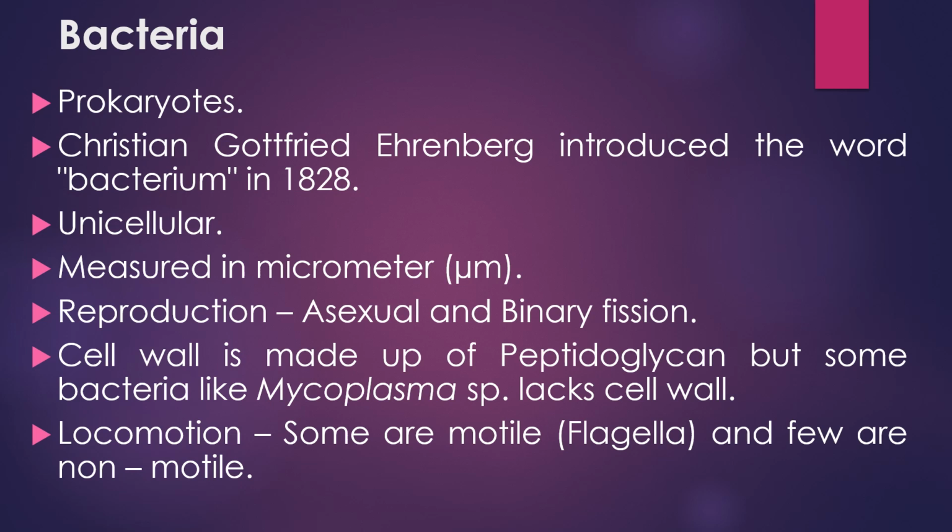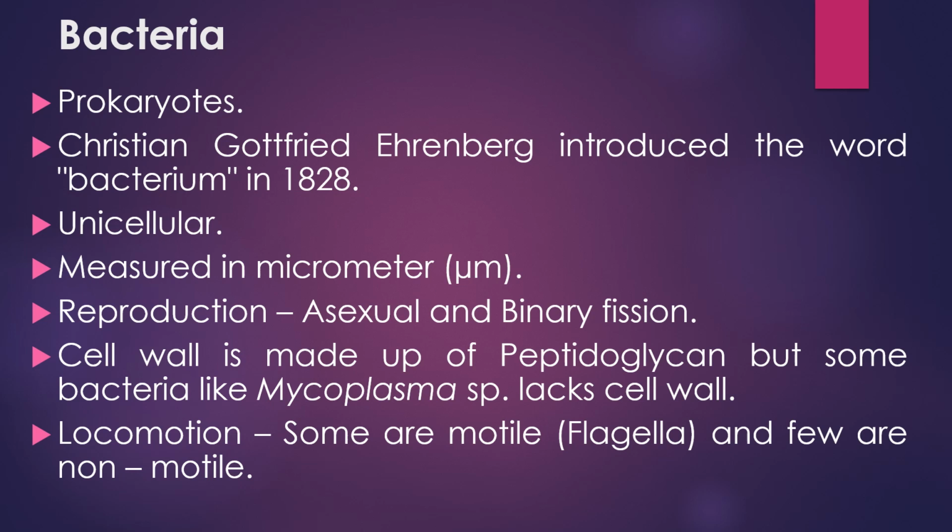The term bacterium represents the singular term, and bacteria means the plural. This is the difference. Bacterium means singular, bacteria means plural. The bacteria are measured in micrometer, and the mode of reproduction in the bacteria is asexual mode and by binary fission method.